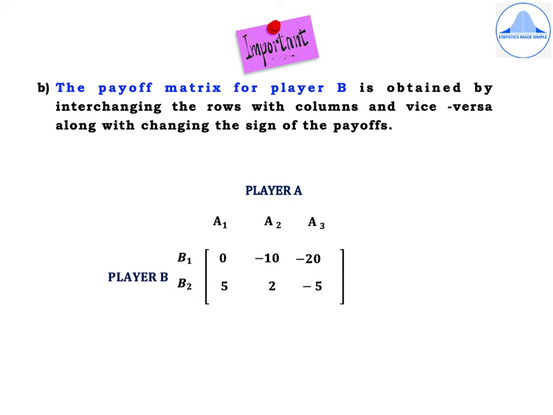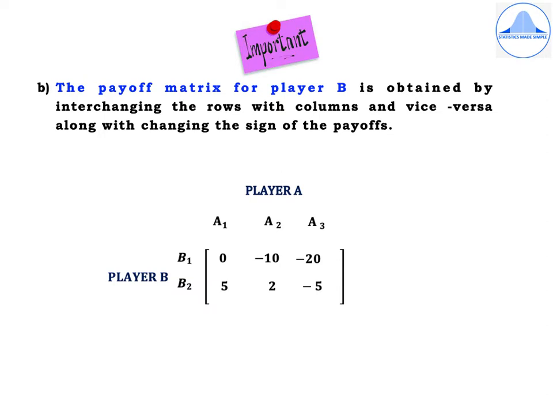So all you have to do is the rows will become the columns and the columns become the rows, and 0 doesn't have a sign. Okay, so that remains unchanged. So corresponding to B1 it will be 0, minus 10 and minus 20, and corresponding to strategy B2 the payoffs are 5, 2 and minus 5.